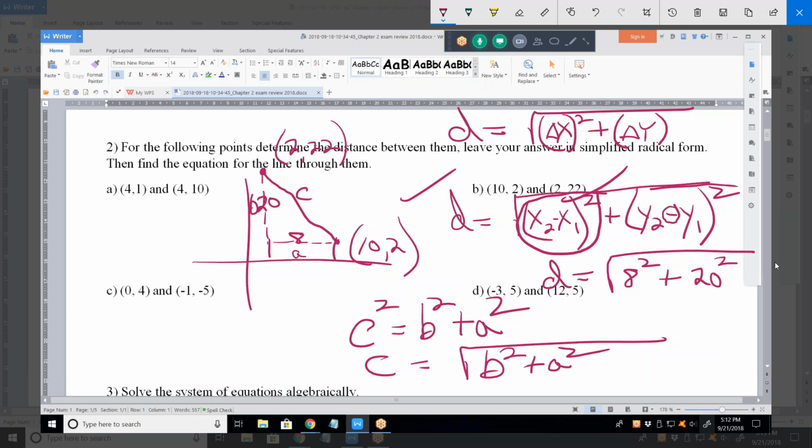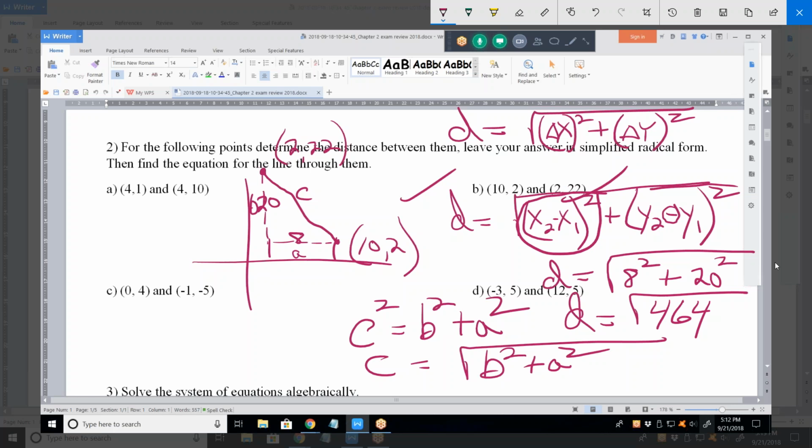That might be terminology you've never seen, but if you think about it, that's what we're doing. So our distance here is going to be the square root of 400. That's what 20 squared is. And 64, which is 8 squared.